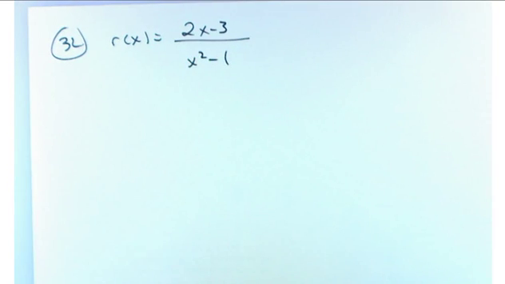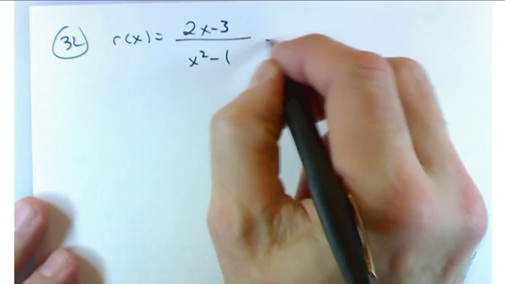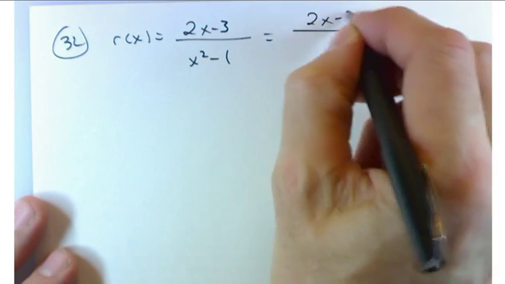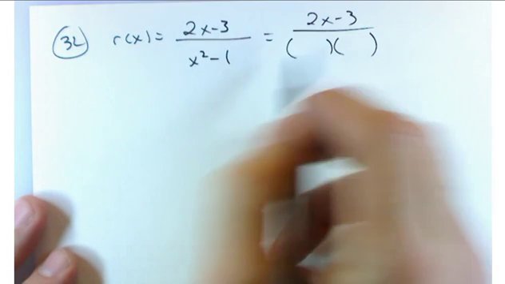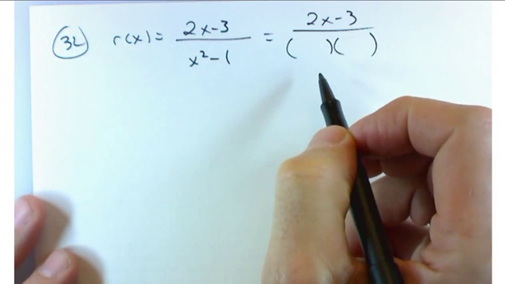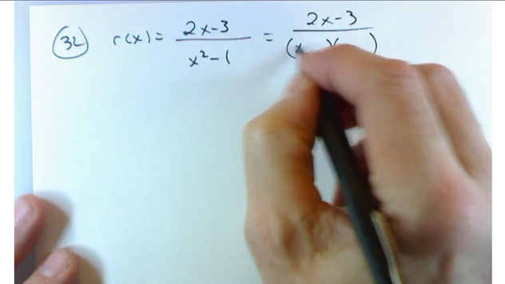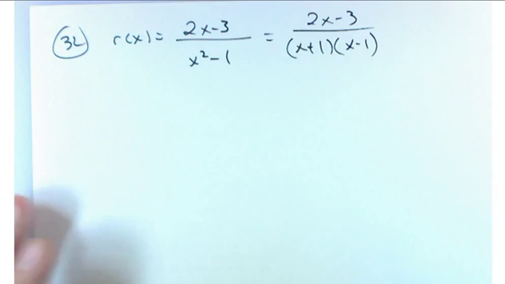It says find all horizontal and vertical asymptotes, if any. Well, let's start with the vertical asymptotes, because that's going to be the easier part. Vertical asymptotes are going to occur where the denominator equals 0. How does this factor in the denominator? x plus 1, x minus 1. Where am I going to see vertical asymptotes here? Plus or minus 1. Thank you.